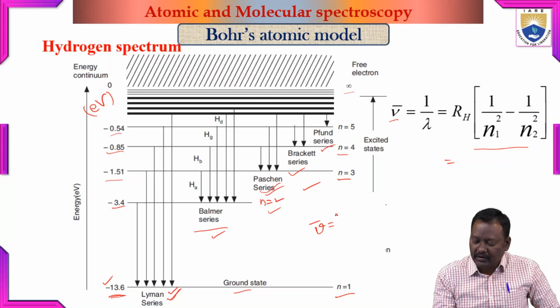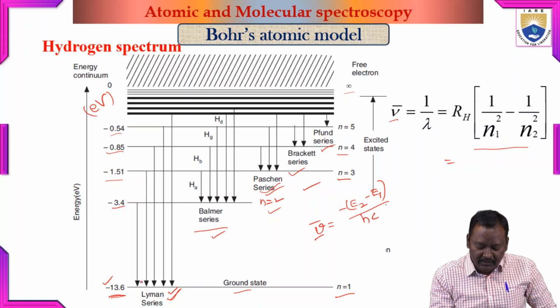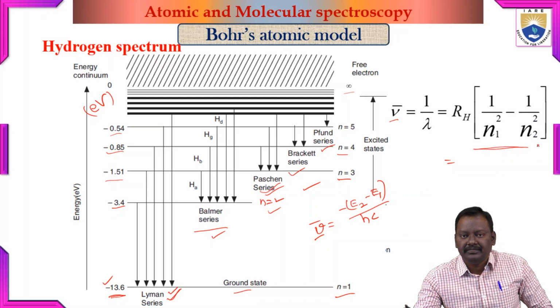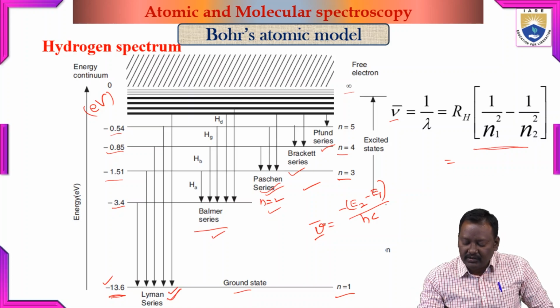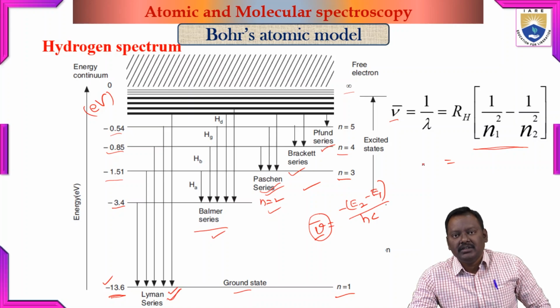The wave number, nu bar, is the difference. For example, E2 minus E1, if you divide by hc, we can get nu bar for the first line of the Lyman series. So we can easily convert into the wave number if you know the energy values of the electron in different orbits.